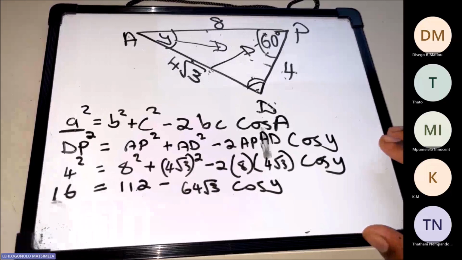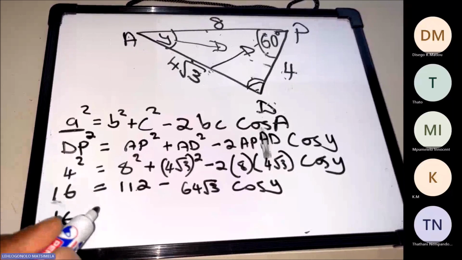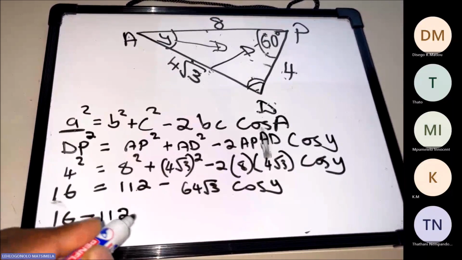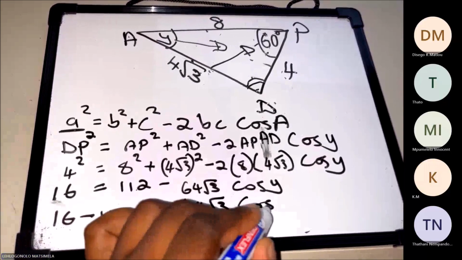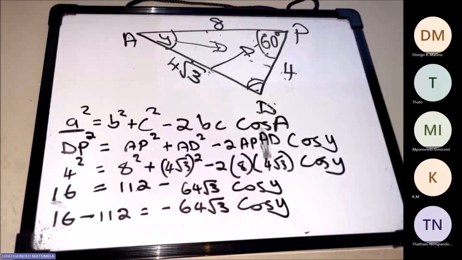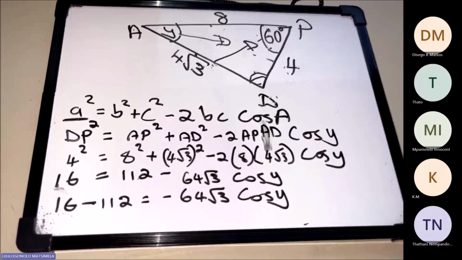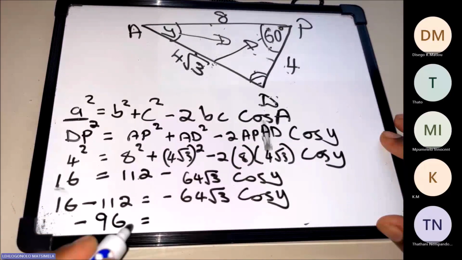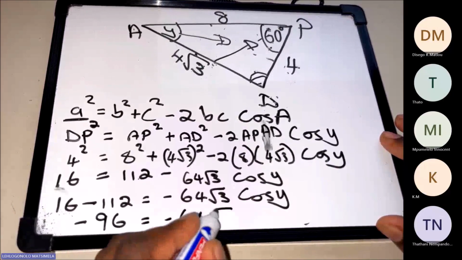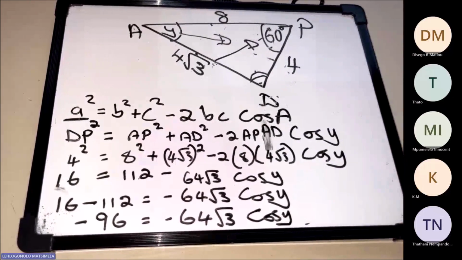Then I will take this one to the other side, which means I will have 16 minus 112, working mathematically, is equal to minus 64√3 cos Y. Mathematically, I must also be taking it down because my screen is full. So 16 minus 112 gives us minus 96, which is equal to minus 64√3 cos Y. Then how do I get rid of this one?